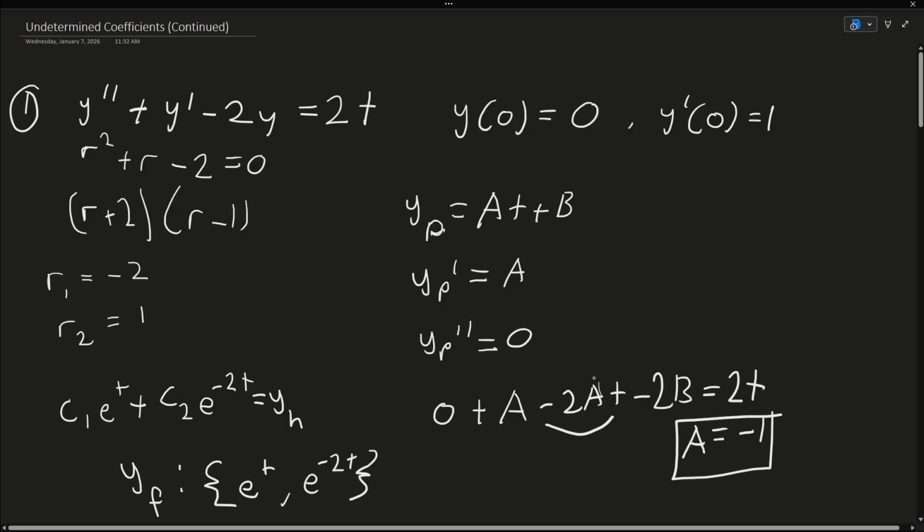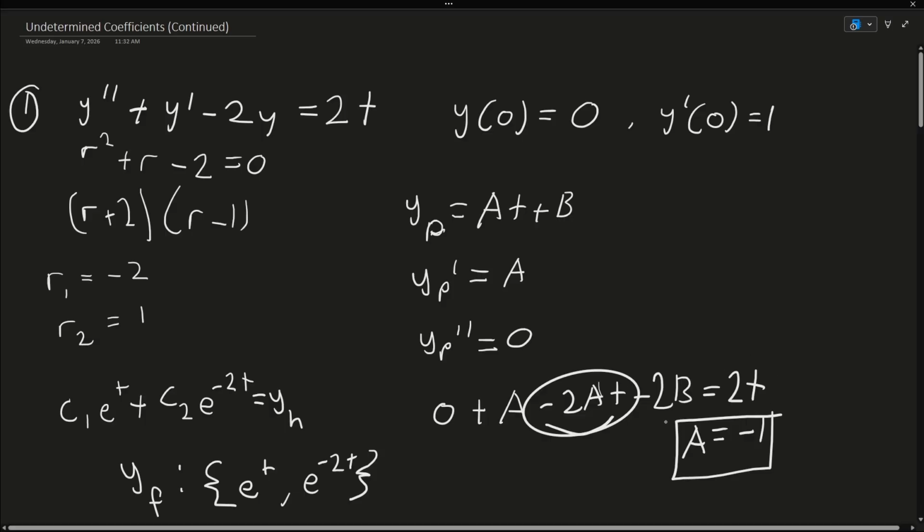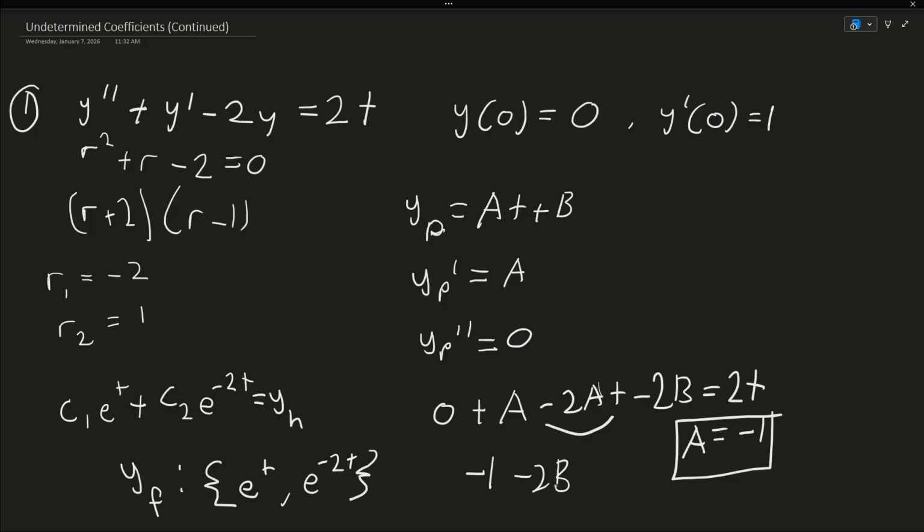It's because the only way to make minus 2at equal 2t is making a negative 1. So we have negative 1 minus 2b, and this must be equal to 0 since we have no constant terms. That will give us b equals negative 1 over 2.